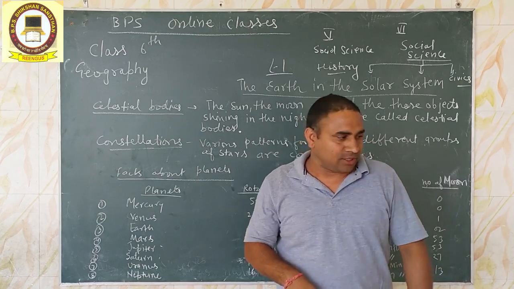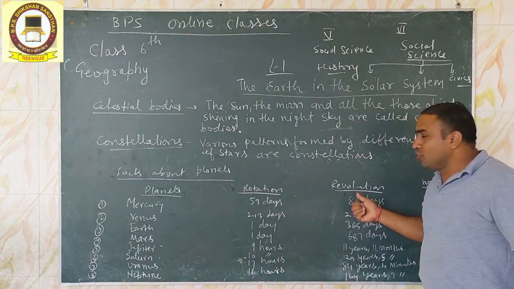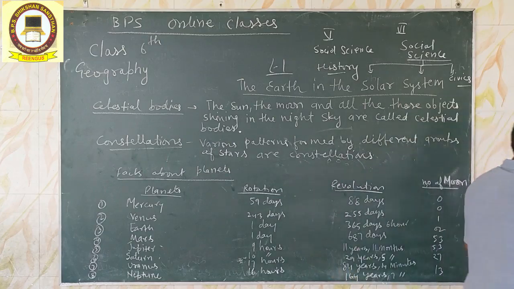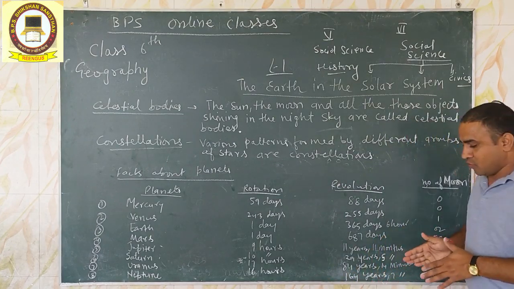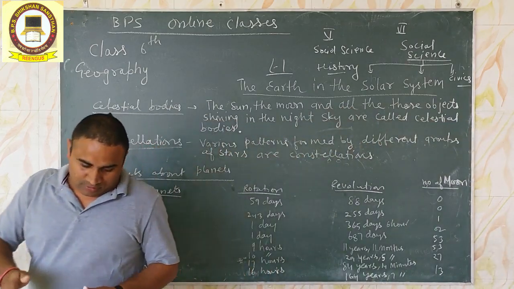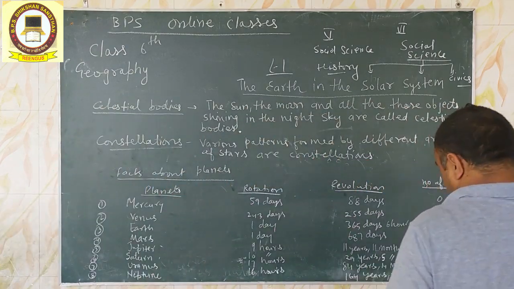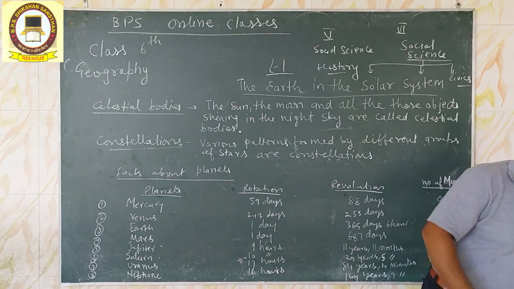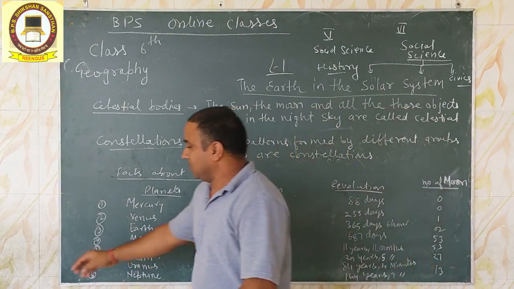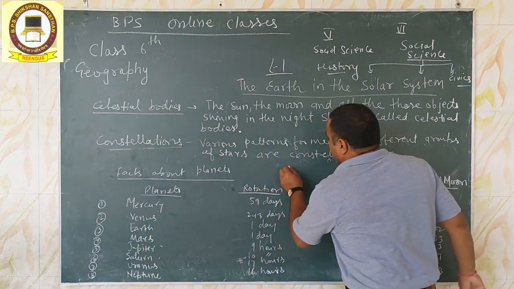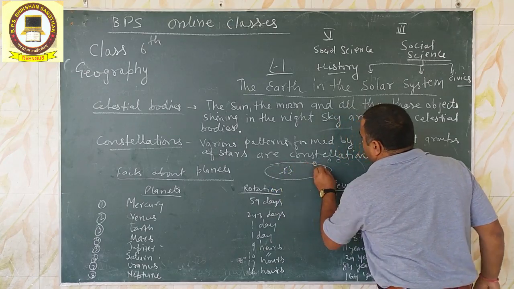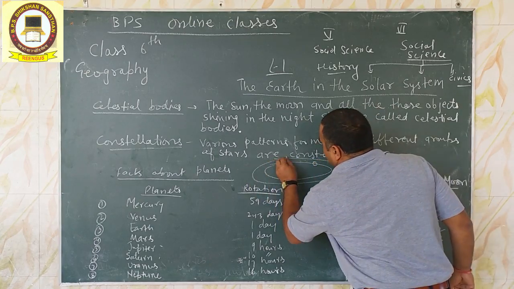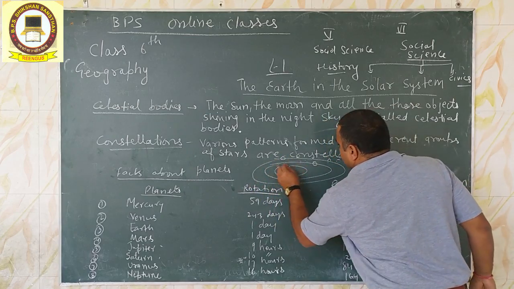Spin on their axis. Now revolution means somebody is the center and the others move around it. It means the sun is the center of the solar system, and all planets move around the sun.